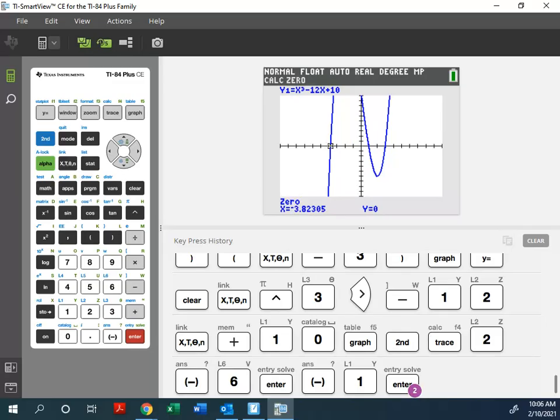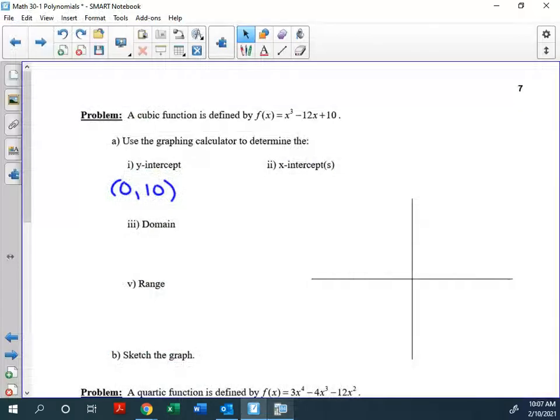So I got -3.82305. Now again, I do that differently than some teachers. I don't like pressing down on the arrows on the smartboard. You can just pick a number to the left of the intercept, pick a number to the right, and you can just manually enter those if you want. So that's what I do. Okay, -3.8, blah, blah, blah.